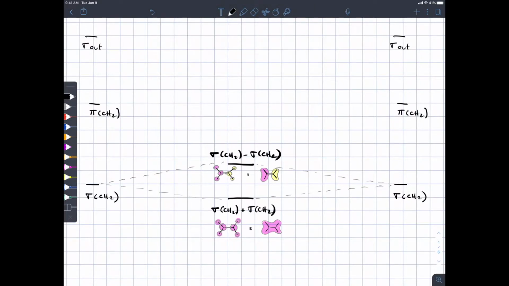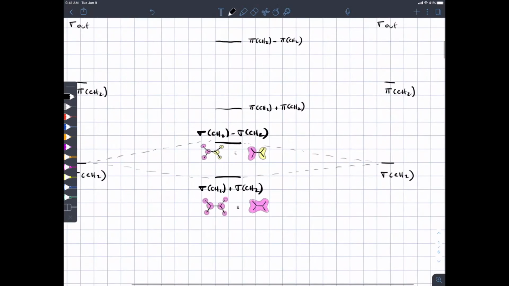As before, when we combine two pi CH2s together, we're going to have the pi CH2 plus pi CH2 combination, and then we also expect to have the minus combination here, pi CH2 minus pi CH2.